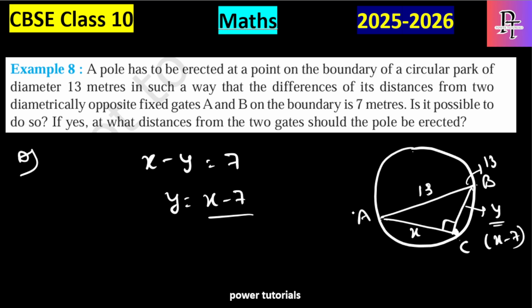Now let's apply the Pythagoras theorem, which is: the sum of squares of the other two sides should be equal to the square of the hypotenuse. So x square plus y, which is (x minus 7) whole square, is equal to the hypotenuse, which is the diameter, 13 square. Okay, what is a square?